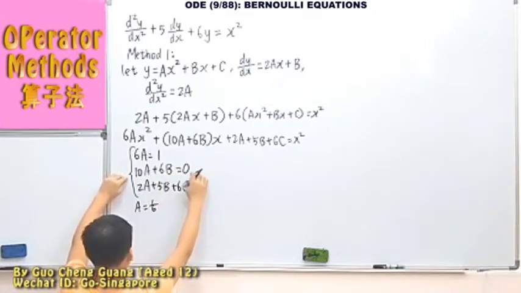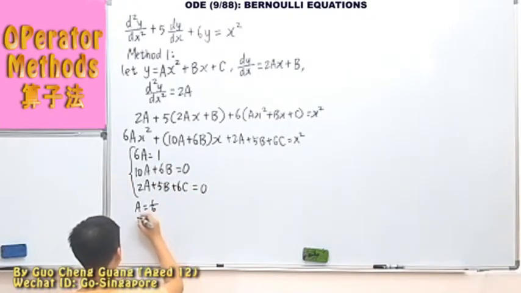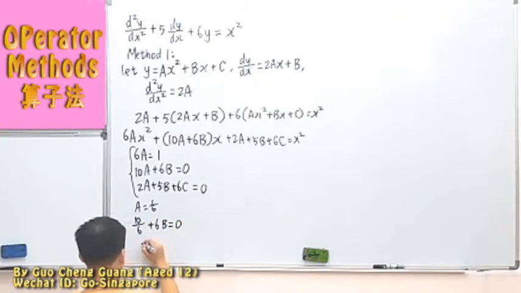From 10a plus 6b equals 0, we get 10 over 6, which we also have to simplify.